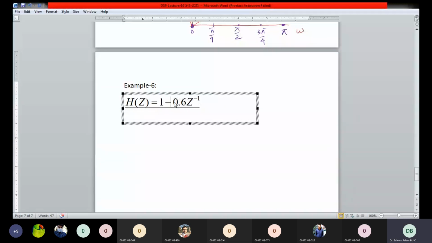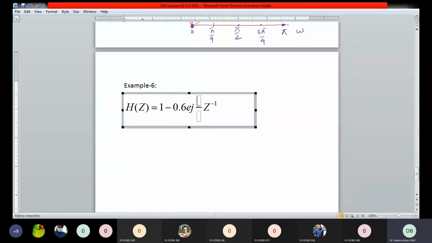Let's take 0.6. Now we need to specify the angle, and for the angle I write e to the power j pi by 4. So when you have a zero in the complex plane, you write the value like this.